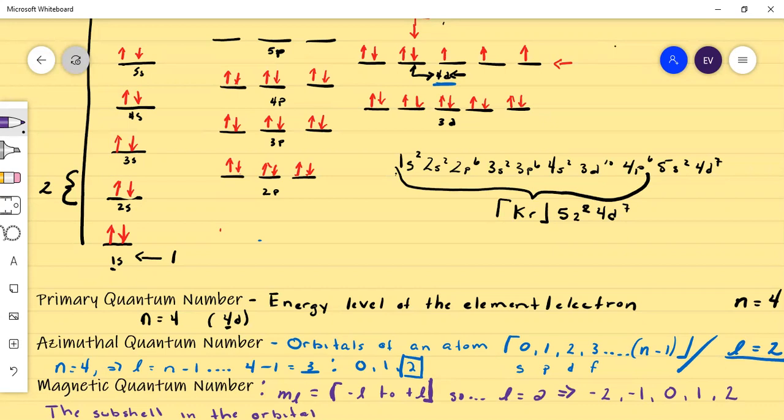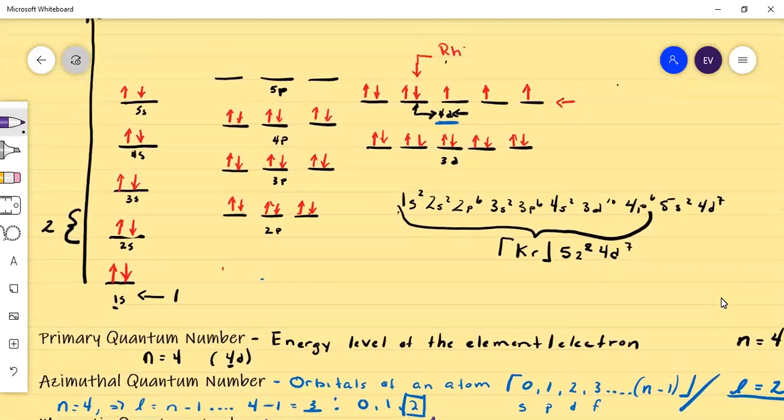And if you look, this is 1 subshell, 2 subshells, 3 subshells, 4 subshells, 5 subshells. If you look at the d orbital, let's go up to the 4d, you have 1 subshell, you have 2 subshells, 3, 4, 5. Hey, what's going on here?